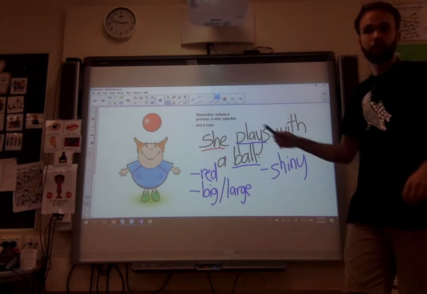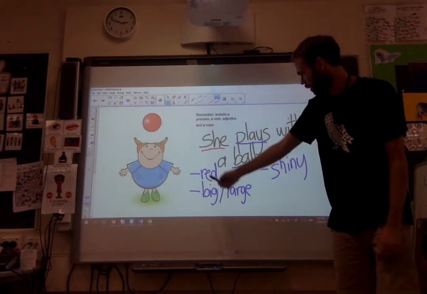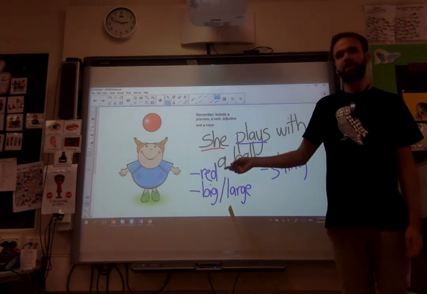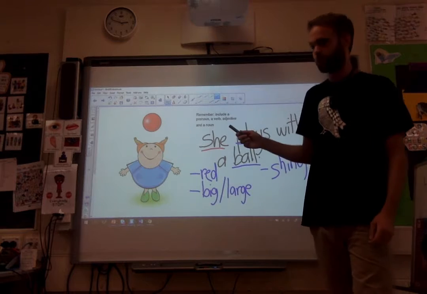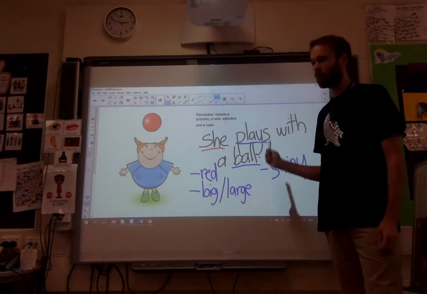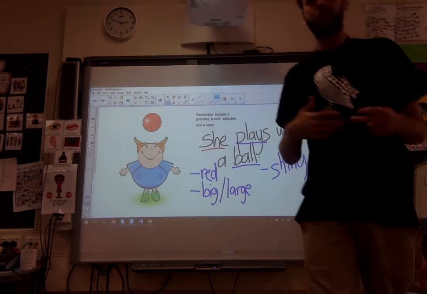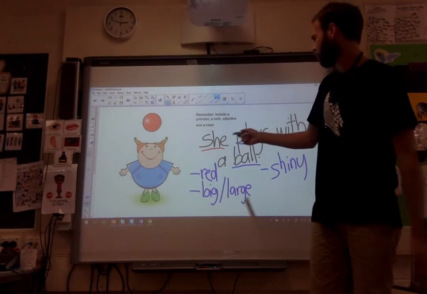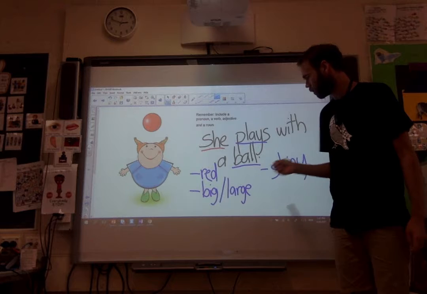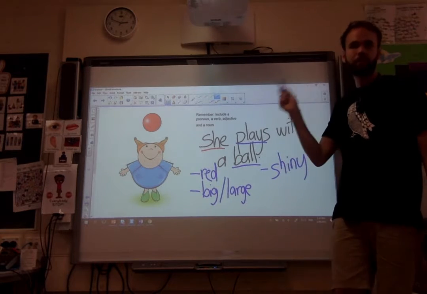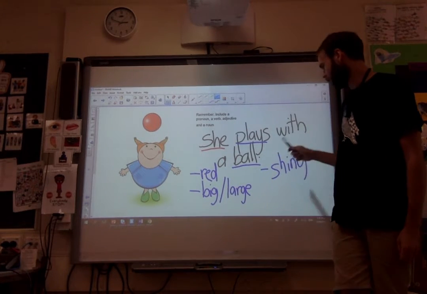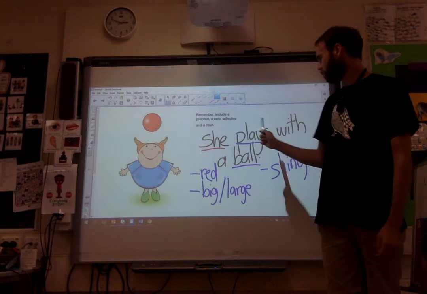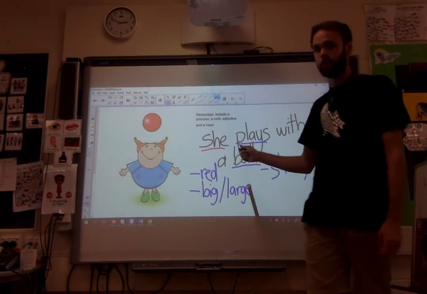So boys and girls, look how much better our sentence sounds when we use that adjective. She plays with the ball. Yes, that's correct, and it's telling us what she's doing. But when we add these words in, listen to the difference. She plays with a red ball. She plays with a large ball.